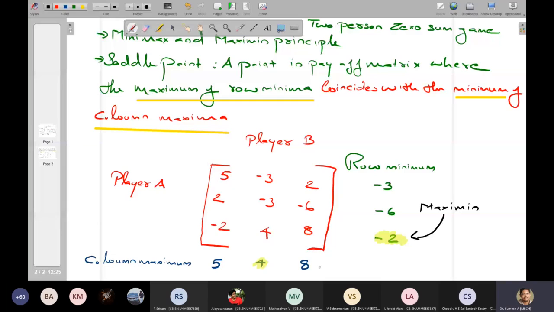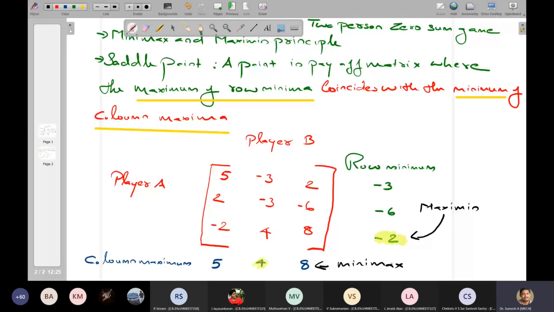No saddle point. Why is there no saddle point? Since the maximum of the row minima and the minimum of the column maxima are not the same. If they are the same, then only the saddle point comes into the picture.